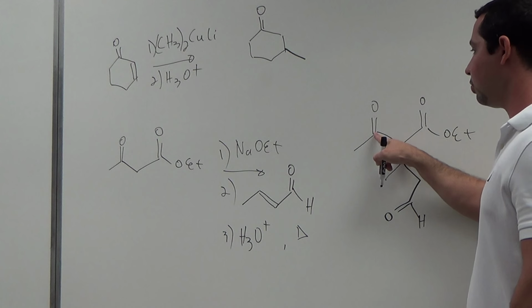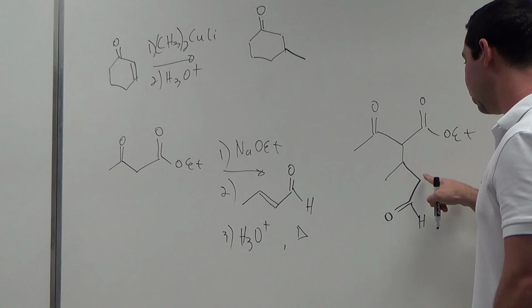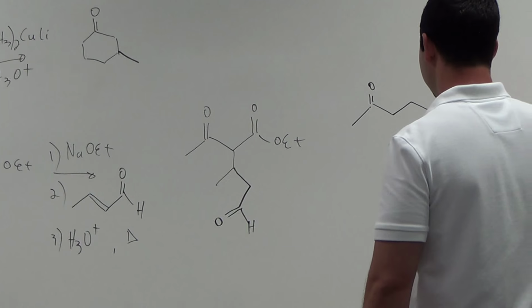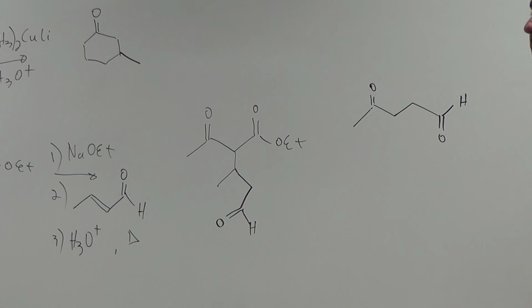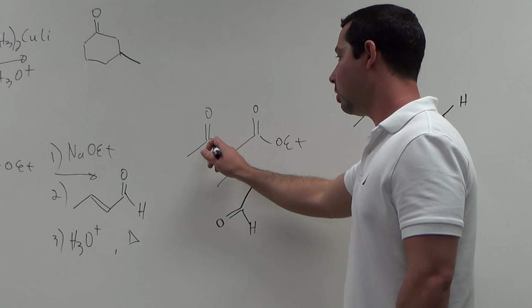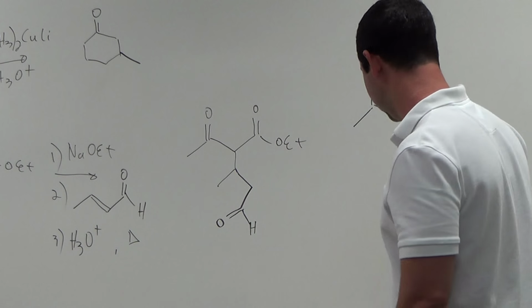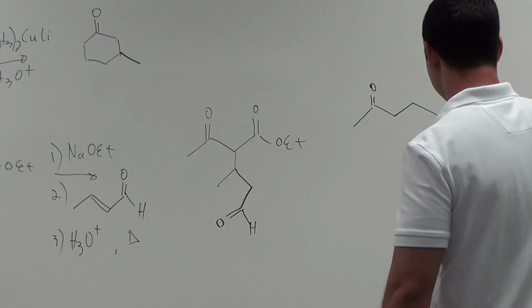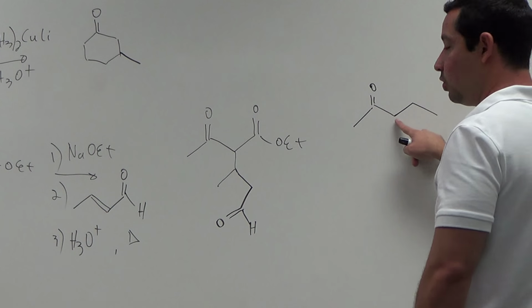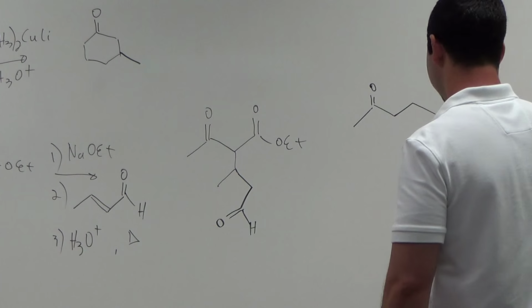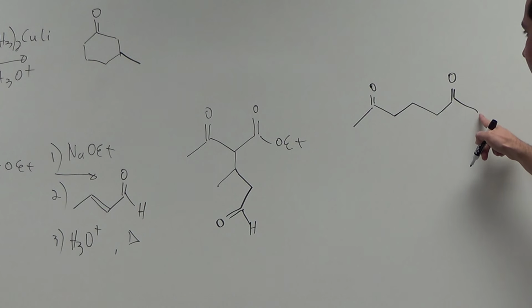And let's do a better structure, yes? 1, 2, 3, 4. Tell me if this is it. How many carbons is that? 1, 2, 3, 4, and 5. Whoops. Made a mistake, yes? 1, 2, 3, 4, make one more, and 5. What is it at the end of this one?